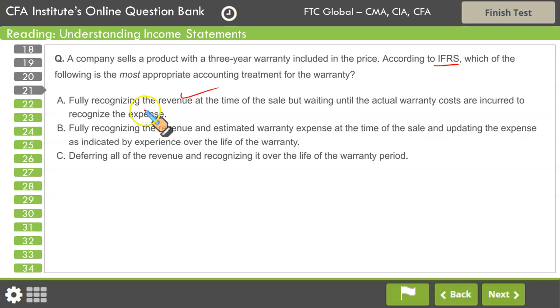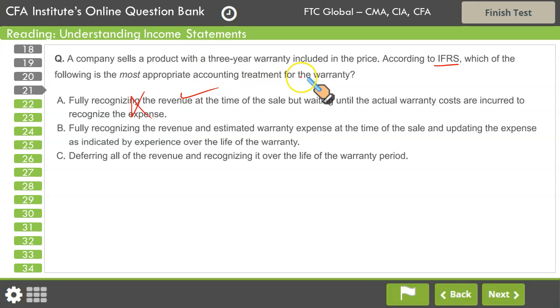This is wrong. You are recognizing revenue in full, but relevant expenses are being deferred into the future. That is not acceptable.